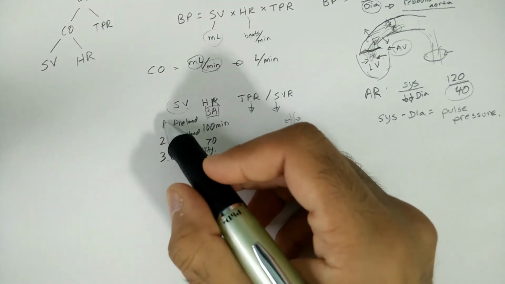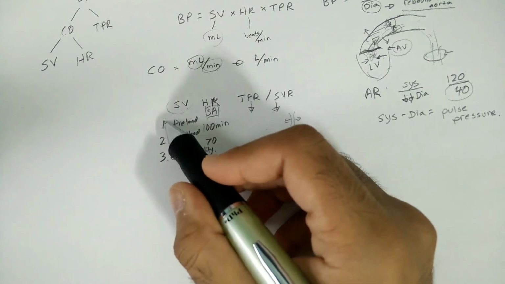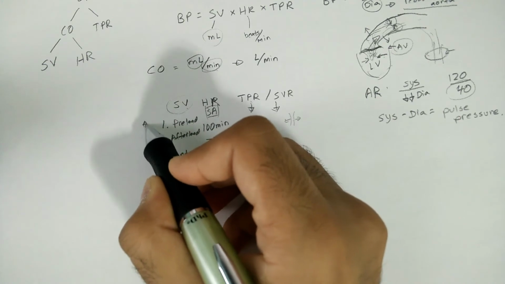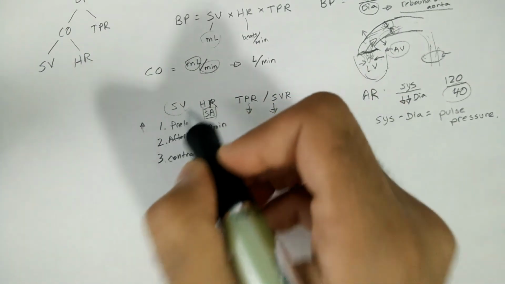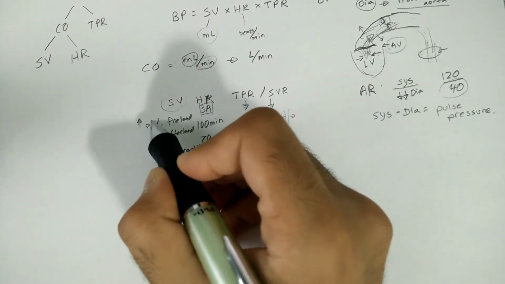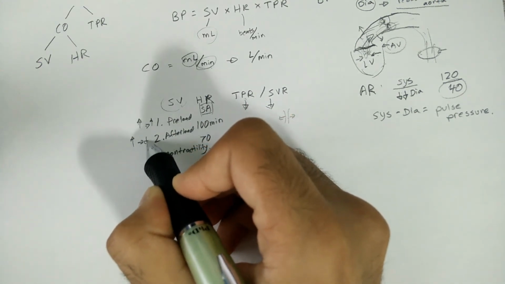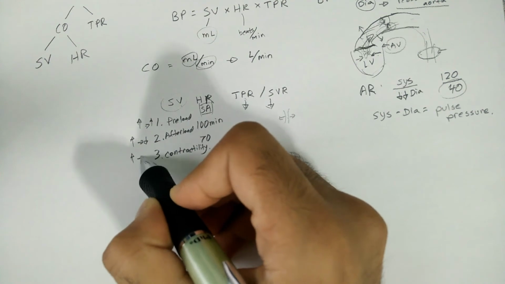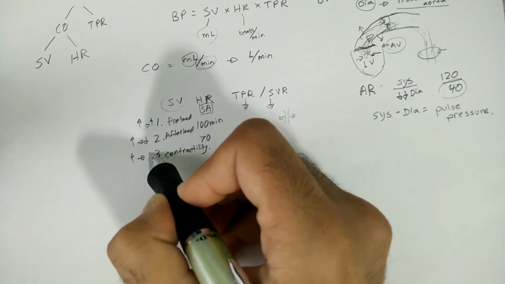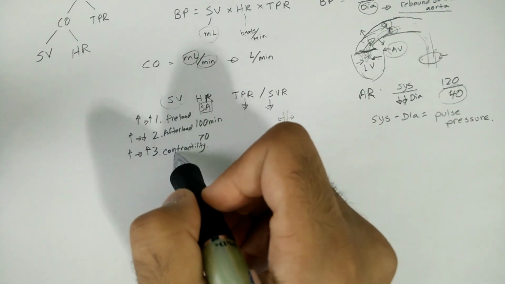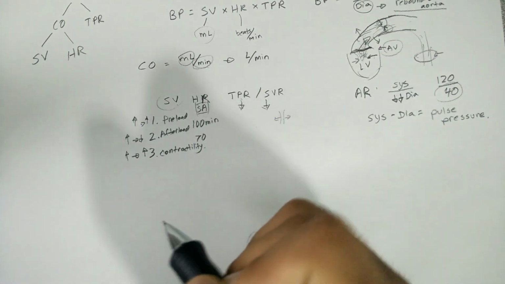The thing to remember about stroke volume is, if I increase preload, I will increase the stroke volume. If I increase afterload, that will decrease the stroke volume. If I increase contractility, that will also increase the stroke volume. Okay? And we'll talk about these three conditions in the next video.